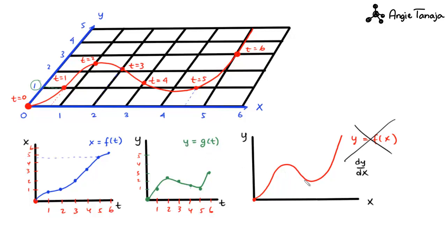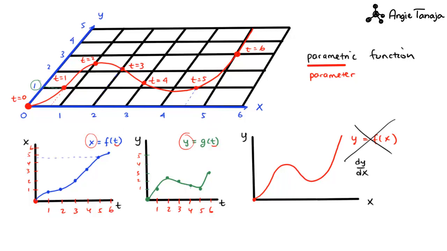So then we use the so-called parametric function. As the name suggests, parametric function comes from the word parameter, right? And in this case, the parameter is the time. So they use another variable, a third variable, to define x and y.